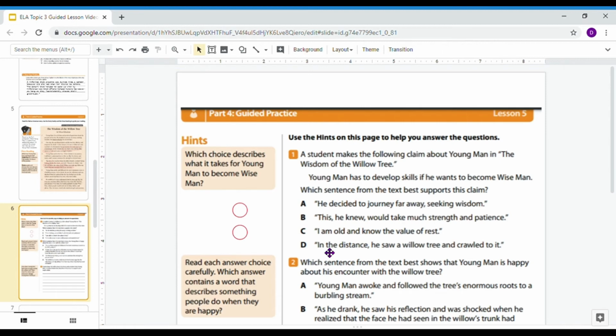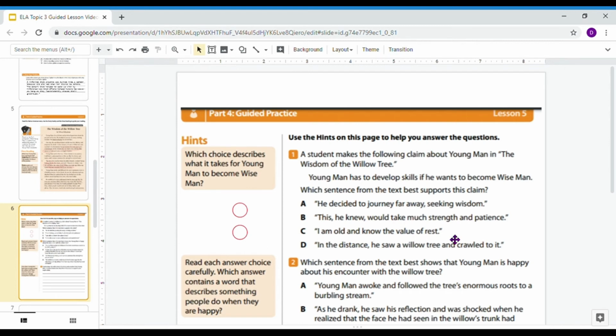Is it A, he decided to journey far away seeking wisdom? B, this he knew would take much strength and patience? C, I am old and I know the value of rest? Or D, in the distance, he saw a willow tree and crawled to it. So we're trying to think of which one of those 4 sentences helps support the fact that young man's not just going to become the wise man. He's got to develop some skills.